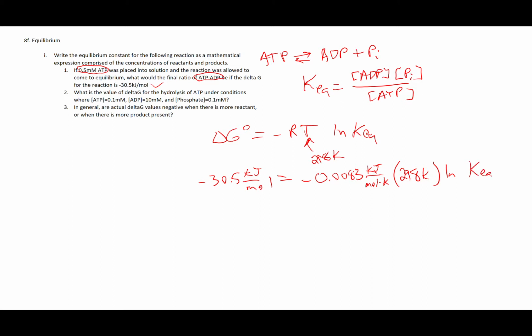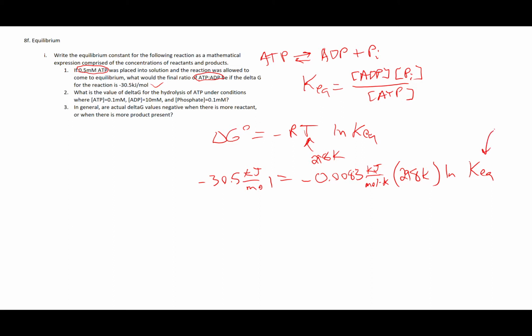We're going to just leave the KEQ alone for a little bit here. What I'm going to try to do now is get the KEQ alone on one side, and you'll see why. I'm given an initial concentration of a reactant, and I'm asked for concentration information about the reactants and products.